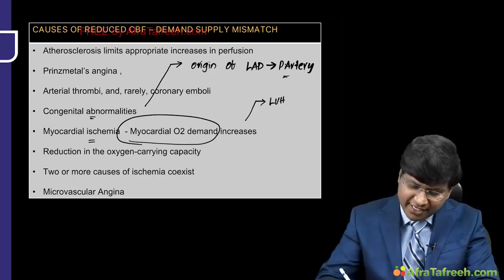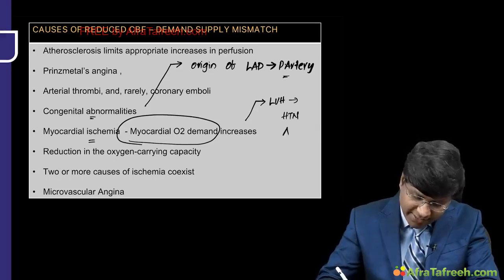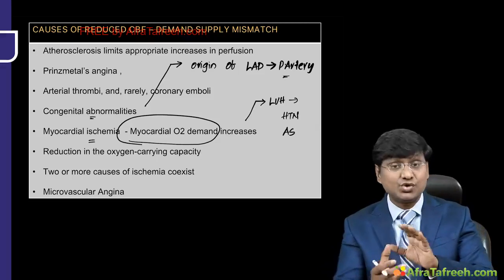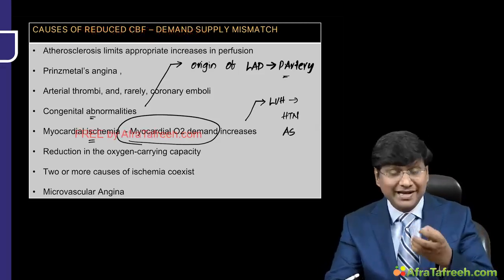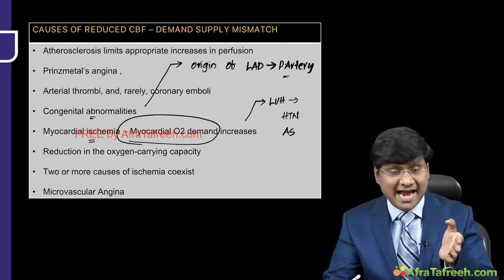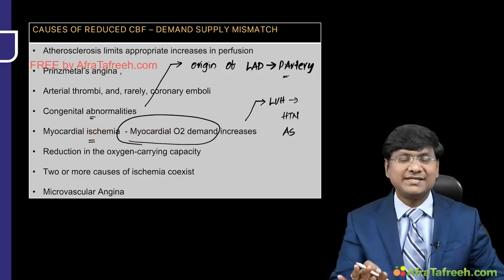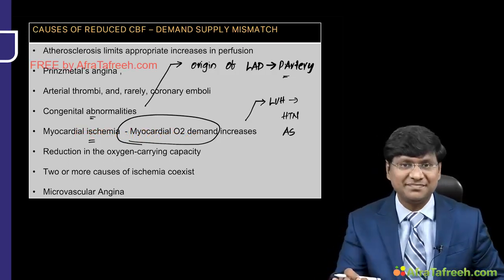The cause of left ventricular hypertrophy could be anything: hypertension or aortic stenosis. Any condition where there is increased myocardial oxygen demand and no adequate flow accordingly can be a reason for myocardial ischemia.